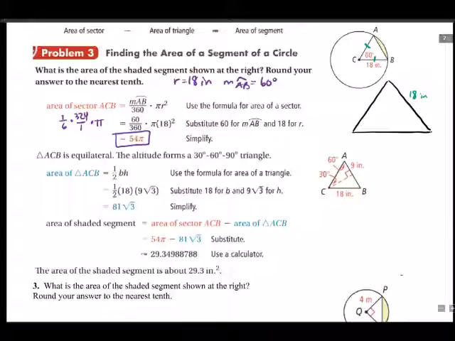Because it's an isosceles triangle, we can drop this altitude down, and we know that it bisects the angle, it's perpendicular to the base, and it bisects the base. So that is some fancy stuff there. We know that this entire angle here is 60 degrees. So what does this angle measure?